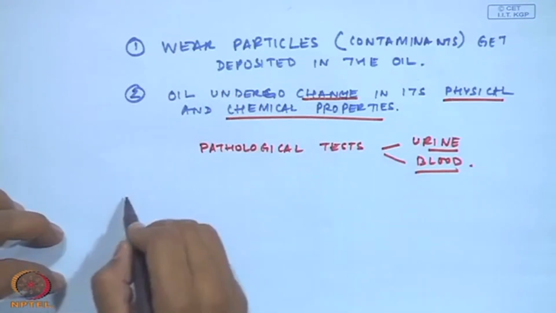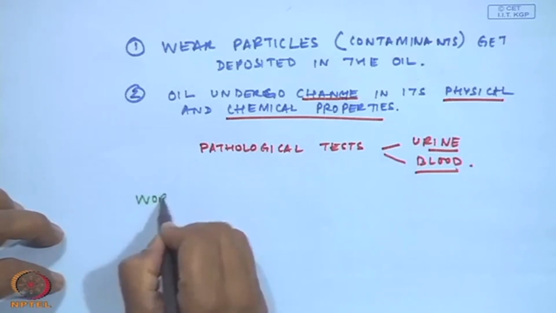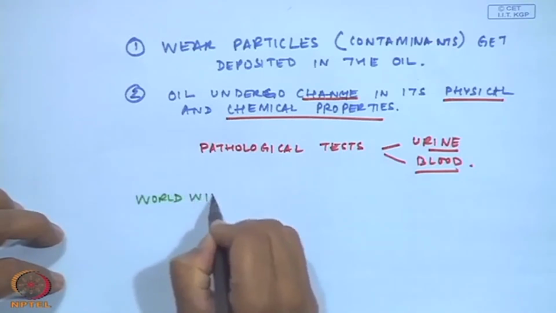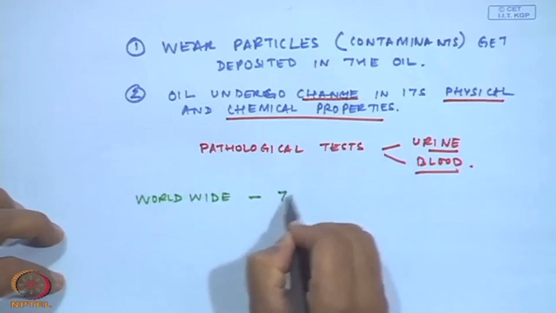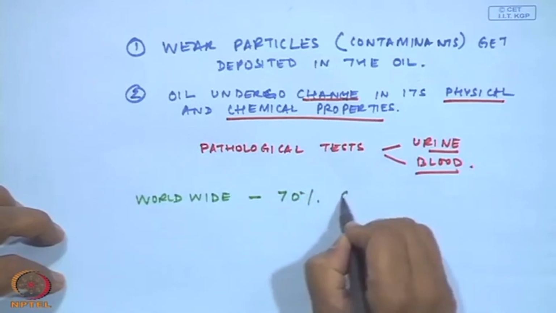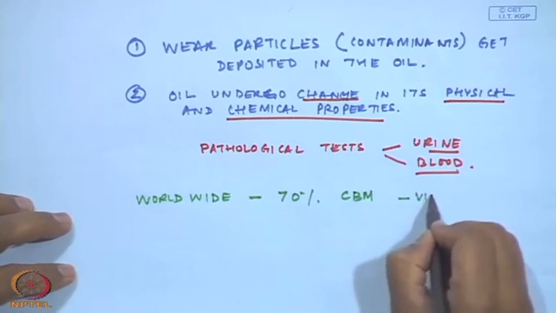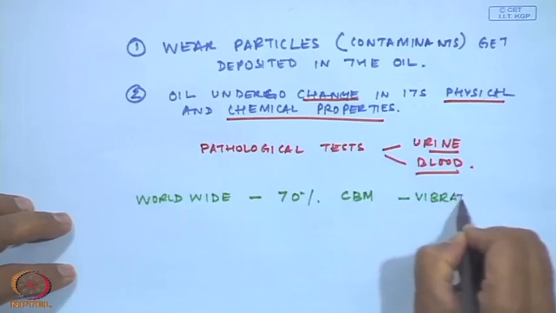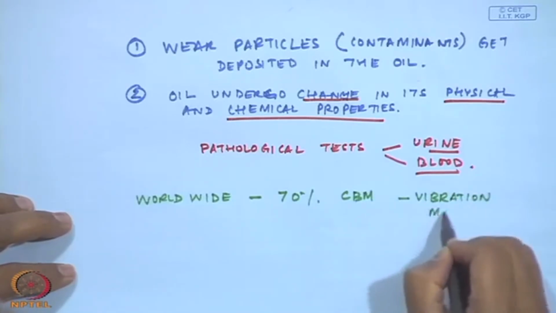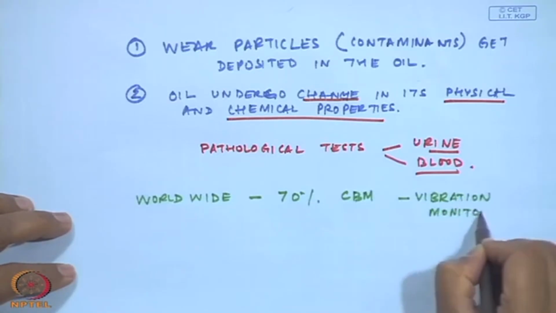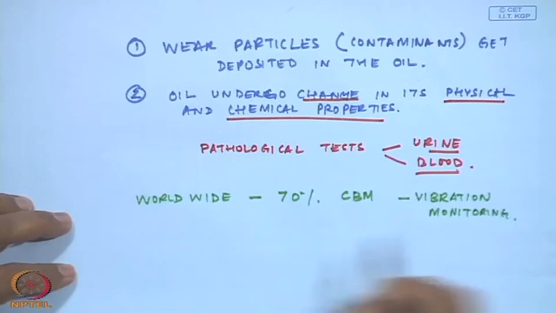Now, worldwide, I should tell that again, 70% of CBM, condition based maintenance, is done through vibration monitoring, and these are from statistical information which is available in the literature.